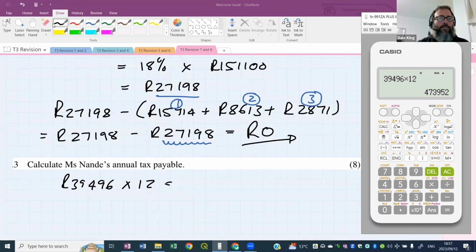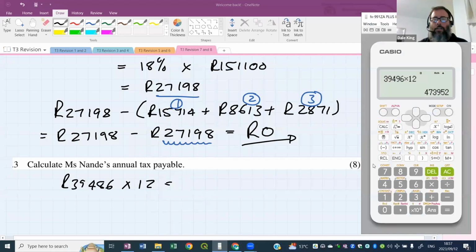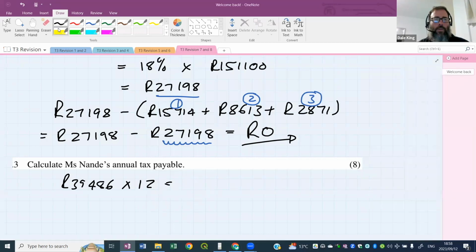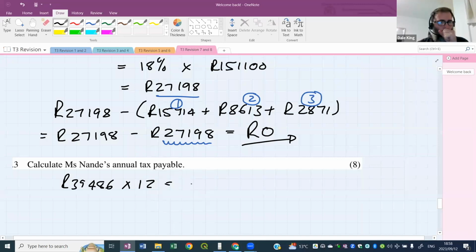It's always these numbers at the end. 39,486. All right, I'll go back and change that. So 473,832. Is that what you got, Ben? 473,832. All right. This is the annual income. That's the one we want.